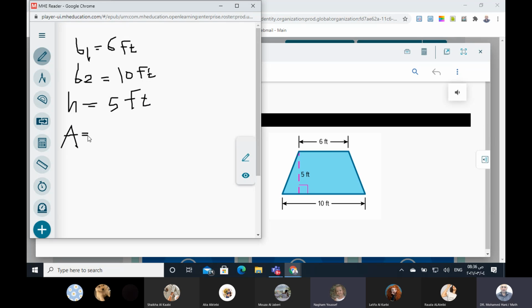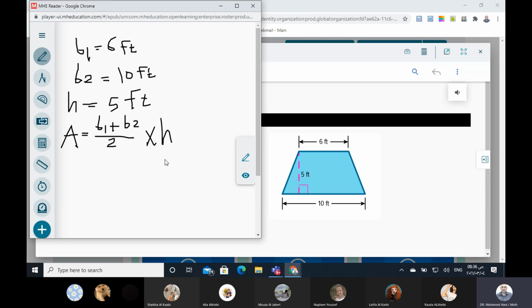Mister, is the answer 80? Okay, thank you, madam. Who has a different answer? Mr. Ali, I agree with you. Okay. Shamsa, what is your answer? Moza, what is your answer? Latifa and Hajar, your answer?